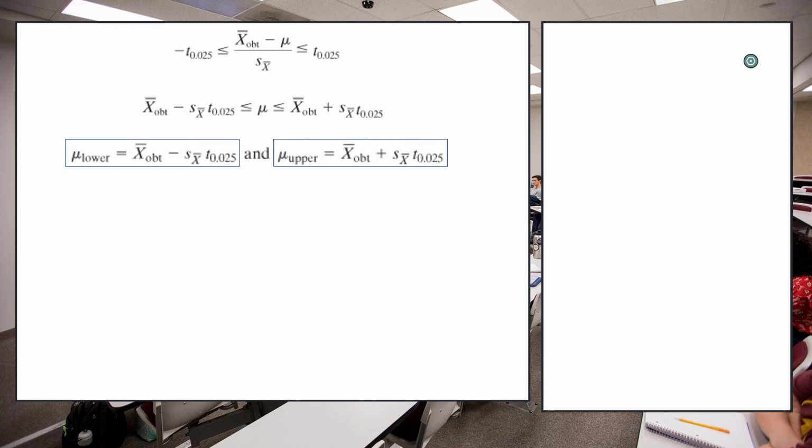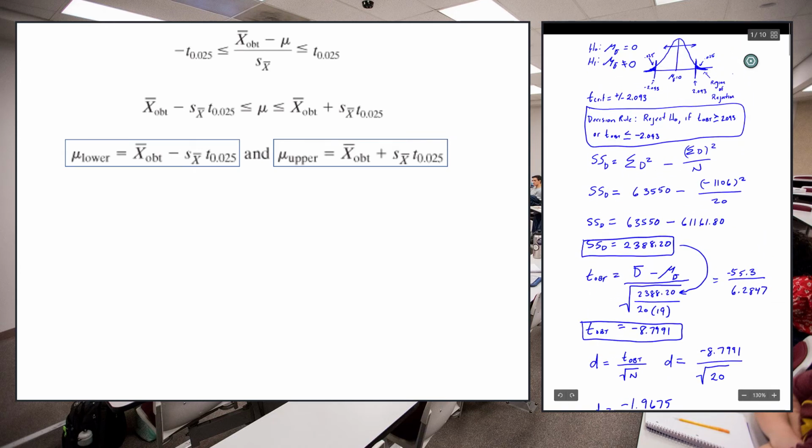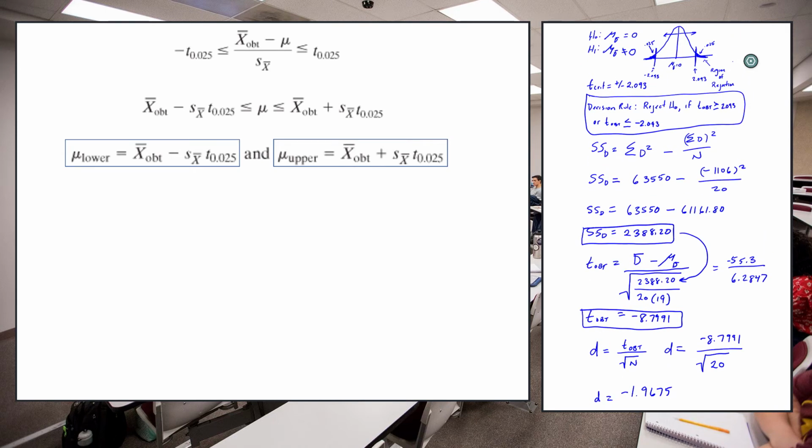So the first thing we should do is go back to what we had done on our whiteboard for this t-test. The first thing that we need in this equation for the lower bound is x obtained, in other words, our sample mean. And that is the numerator of our t equation, so we can highlight that on here.